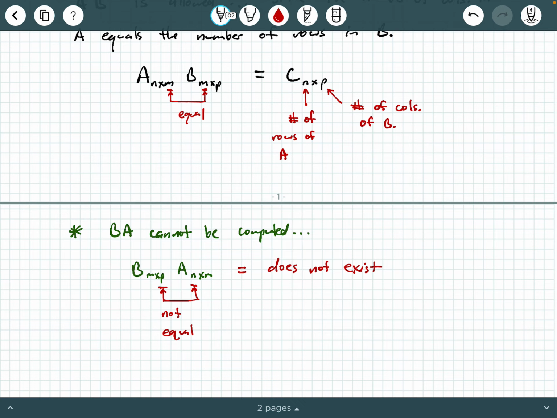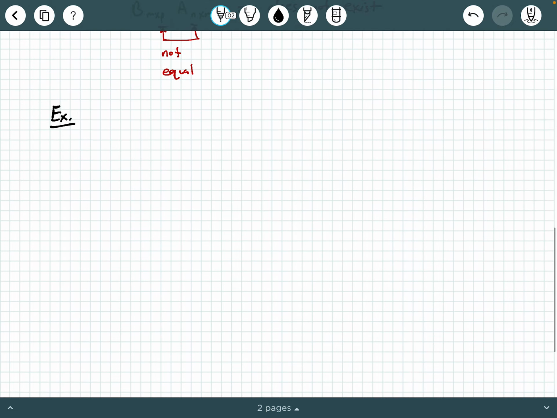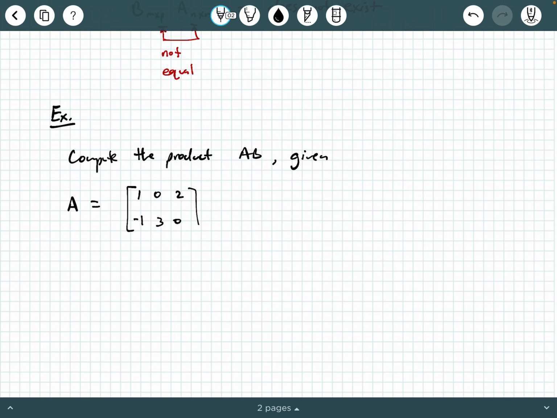Okay, so let's do a quick numerical example. All right, let's say example, and we want to compute the product AB, given matrix A is 1, 0, 2, negative 1, 3, 0, and B is 0, 2, negative 3, 5.